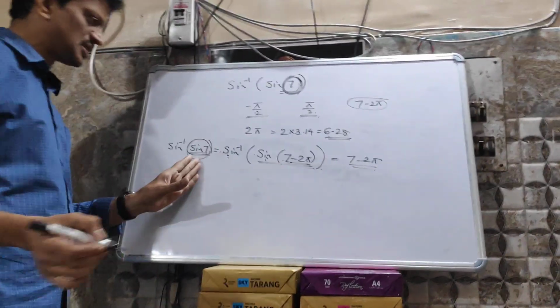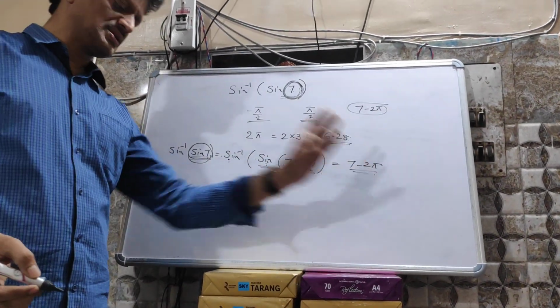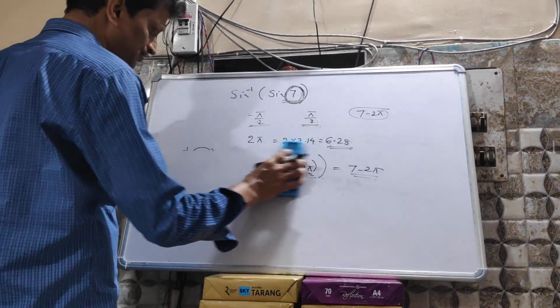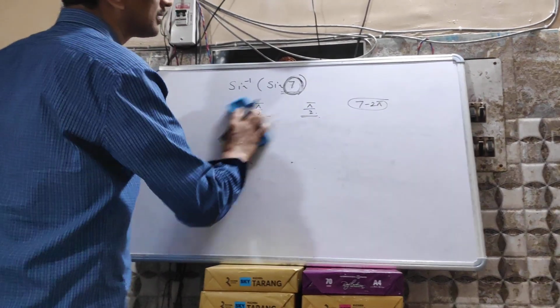So sin inverse of sin 7 is equal to 7 minus 2 pi. This way you can find. Clear students? Now we'll go for other graphs.